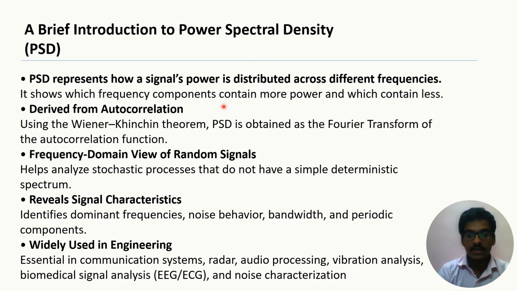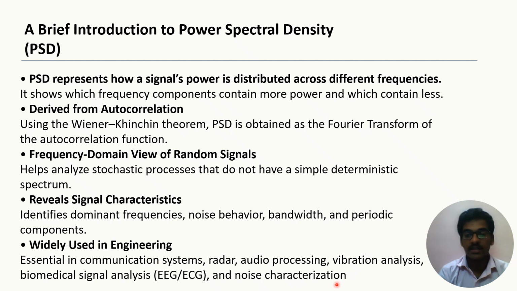So PSD represents how signal power is distributed. It reveals the signal characteristics, identifies the dominant frequencies, noise behavior, bandwidth, and periodic components. It is widely used in communication systems, radar, audio processing, vibration analysis, and also biomedical signal analysis such as ECG and EEG.